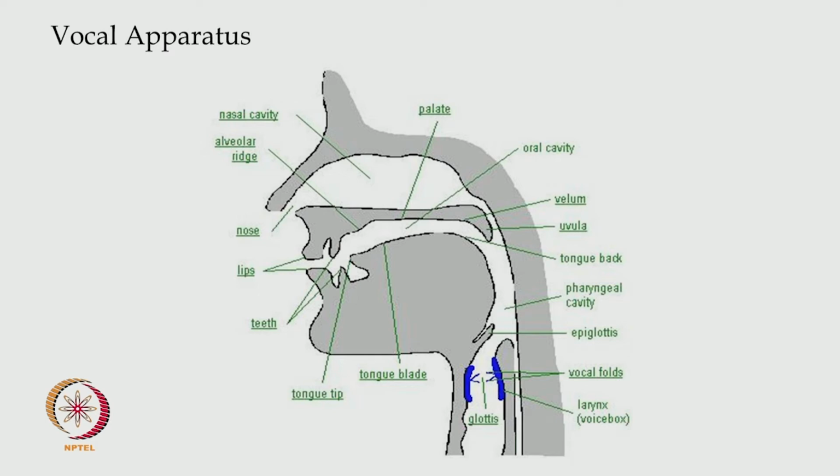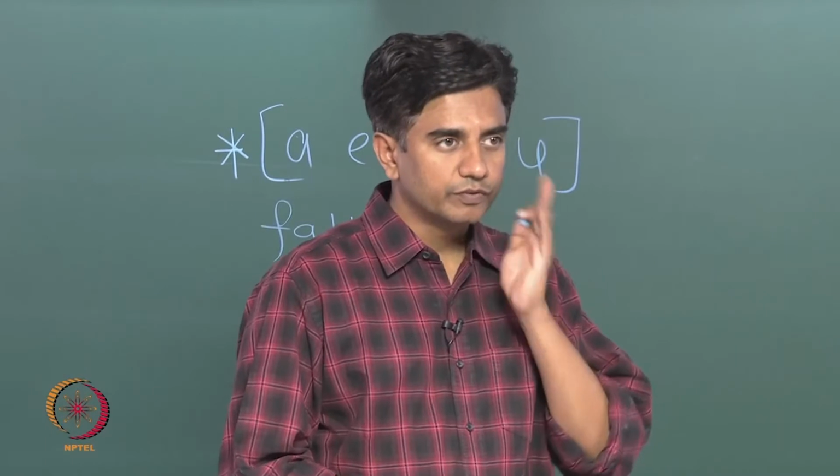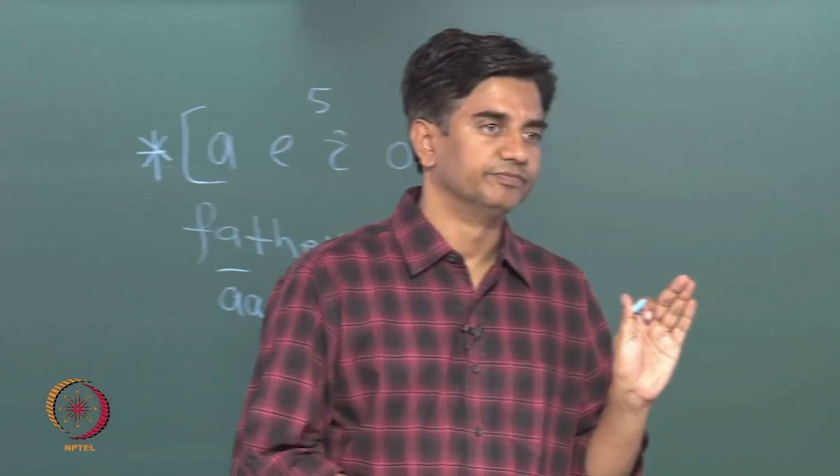Okay? And this part is called, you see here, the nasal cavity. And this thing is called the oral cavity. Just these two parts I want you to see first. Sounds that are produced in the oral cavity are called oral sounds.